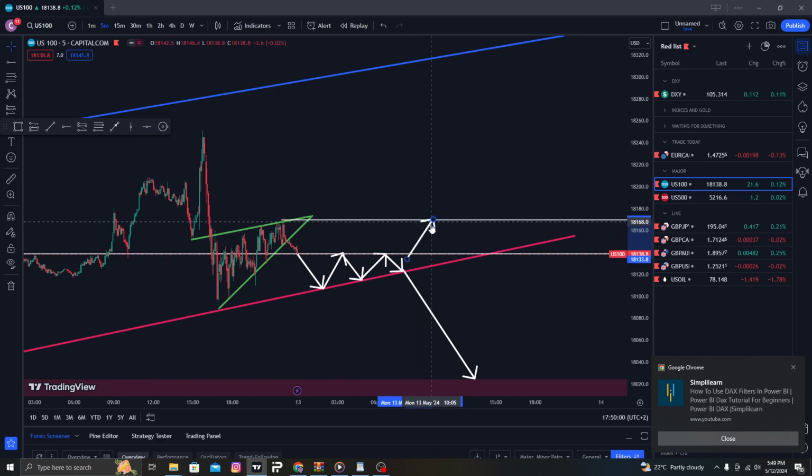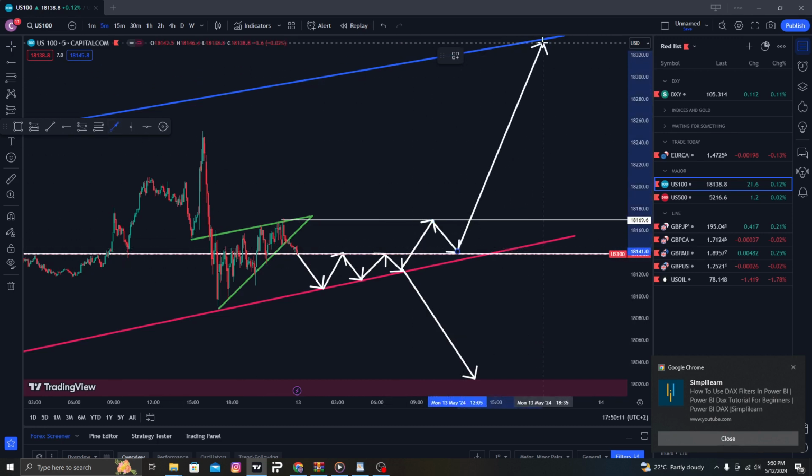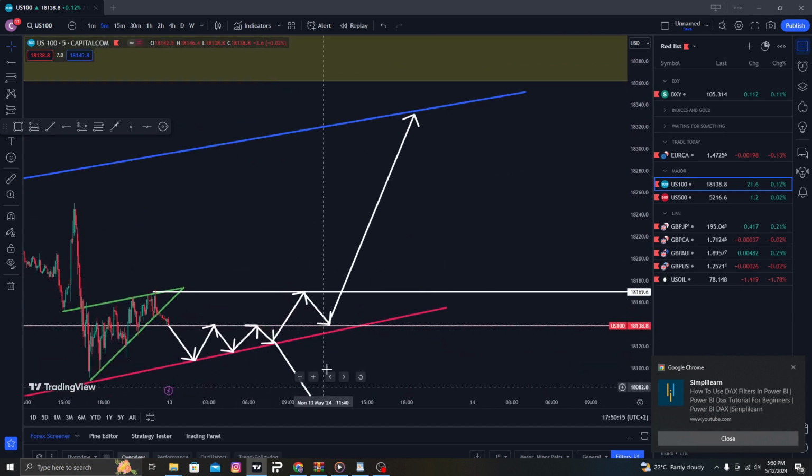I'm going to wait for price to hit it and retest it, and this will be my entry for a buy. Do you see how the market moves in patterns? You just have to understand how to catch the patterns.